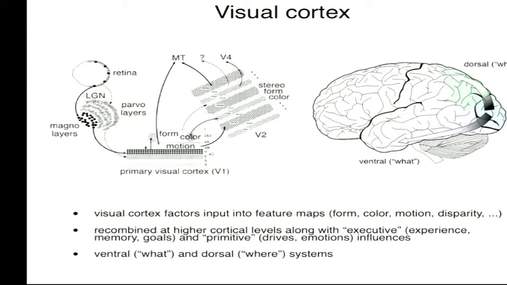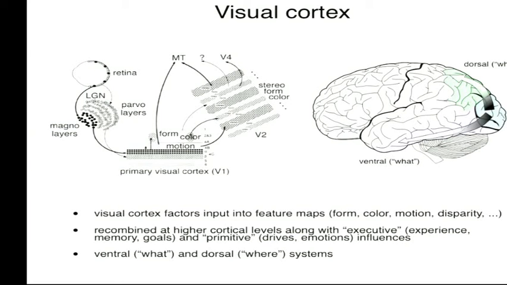The people who do the physiology have named the different regions of cortex that are associated with vision, V1, V2, V3, V4, and so on. But V1 is the primary cortex back here, and it's the first one to get the projections from the eye itself. Okay. So what happens in the cortex?